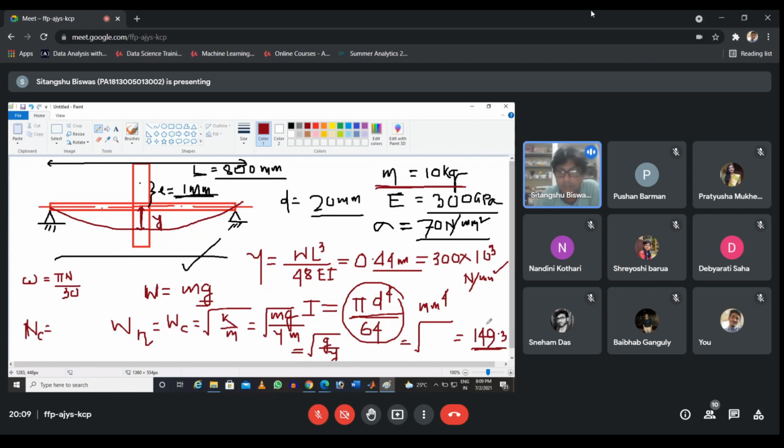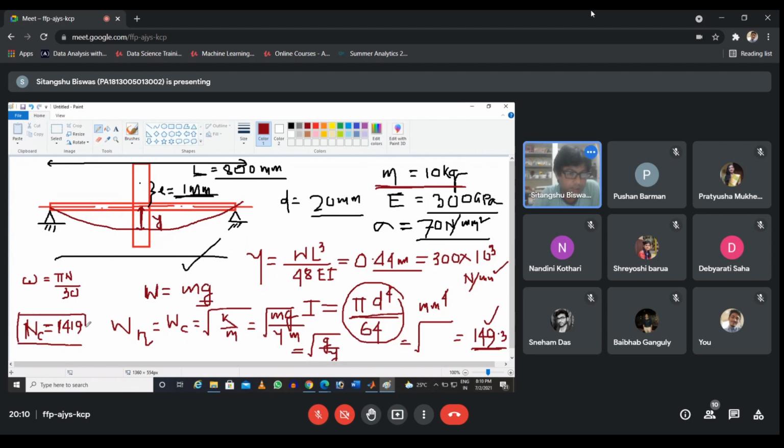So 30 into this value by pi, how much coming? So 1419.2. Okay, so this is my critical speed.